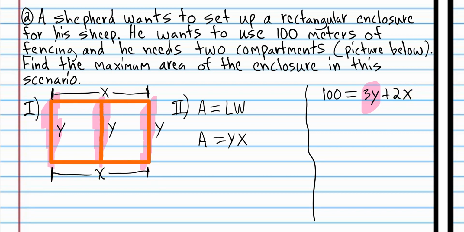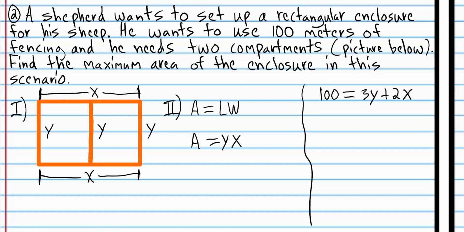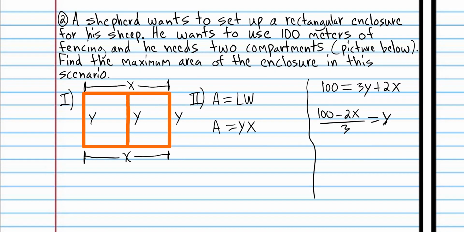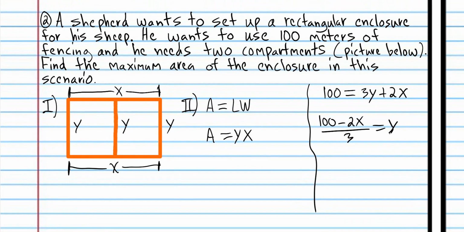So we're going to use that equation to help us convert our area expression so that it only has one independent variable. So I'm going to solve for y. And I get that following expression. And so also I want to make it clear that I got that 100 from there.